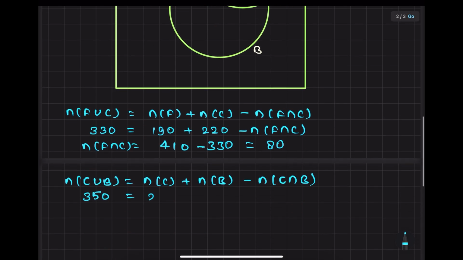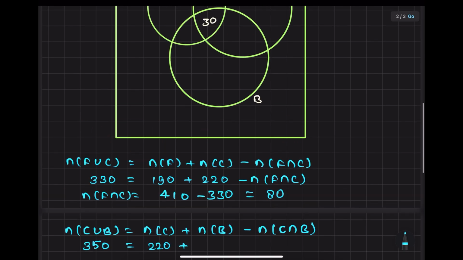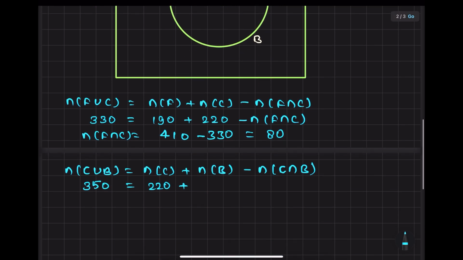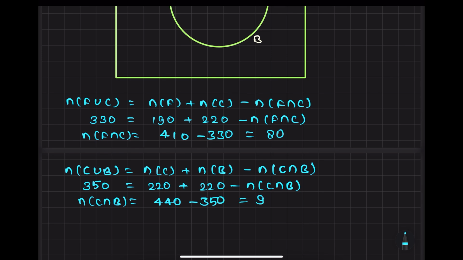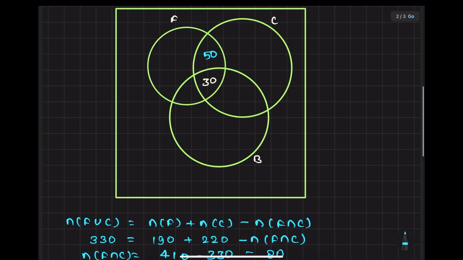N of cough was 220 and N of breathing problem was also 220. So 220 plus 220 minus N of C intersection B. So N of C intersection B is 440 minus 350, so it is 90. So C intersection B is 90. We have already used 30, so it is 60.